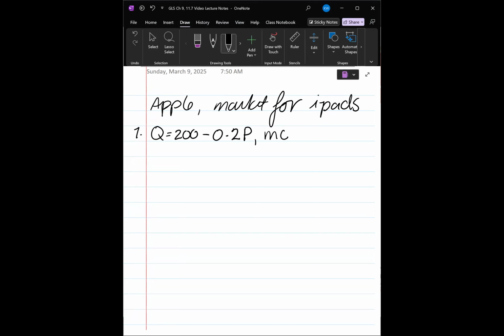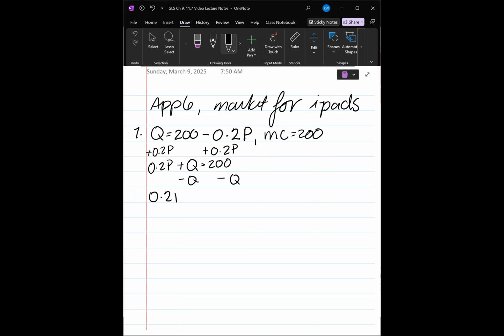So if we go ahead and solve for our inverse demand equation, we can see that we're given the same demand curve that you saw depicted in the graph on the slide. So to do that, we're going to add 0.2 times the price to both sides. That gives us 0.2 times the price plus quantity equal to 200. We'll subtract quantity from both sides.